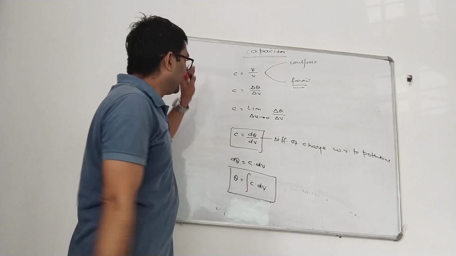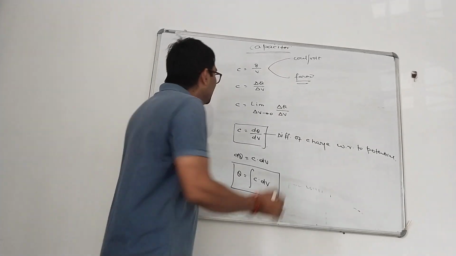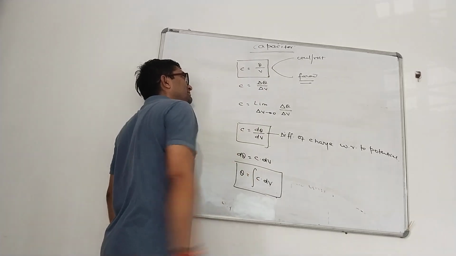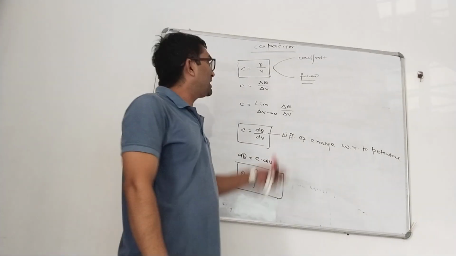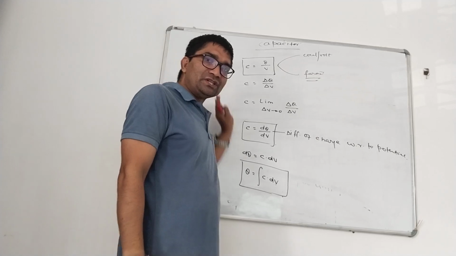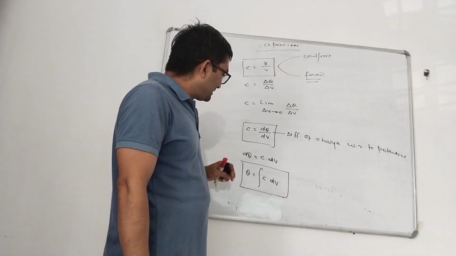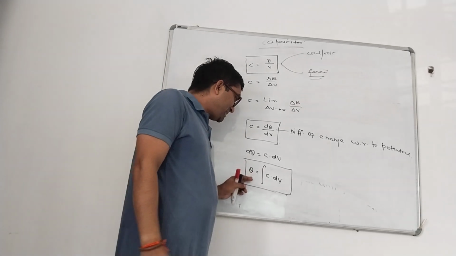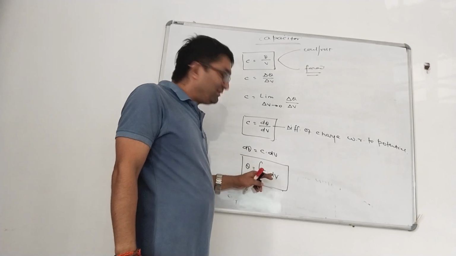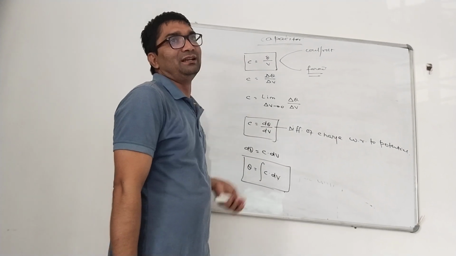Simply this you have to keep in mind always: capacity is equal to charge per unit potential, and this is their mathematical analysis. So how will I calculate the charge? Basically it is by integration of capacity with respect to potential.